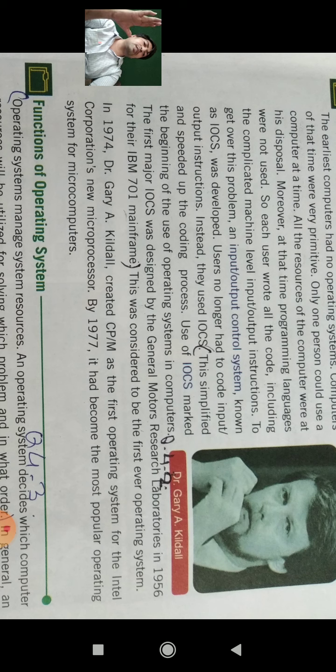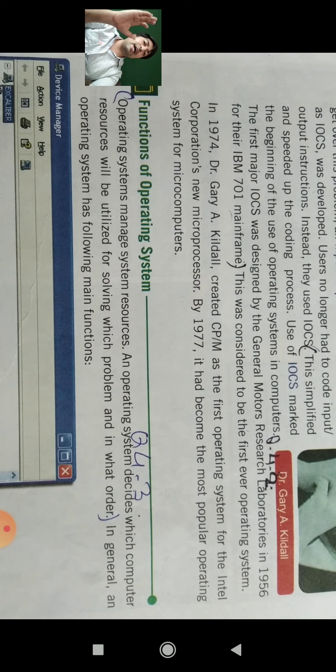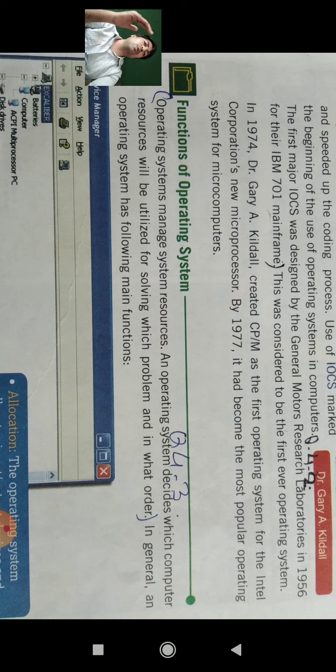The first development of the IOCS was in 1956 by the General Motors Research Laboratories for the IBM 701 mainframe, and in 1974 Dr. Gary A. Kildall created CP/M, the first operating system for Intel Corporation's new microprocessor, but after that in 1977 it became popular as the operating system for the microcomputer.